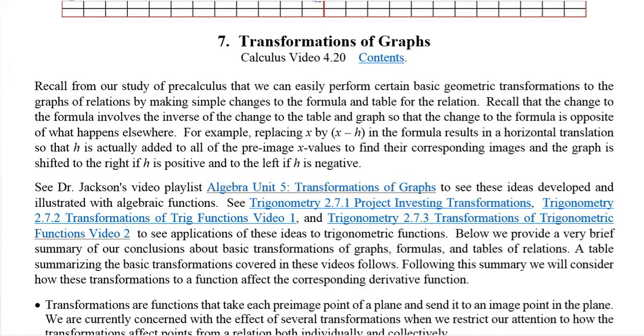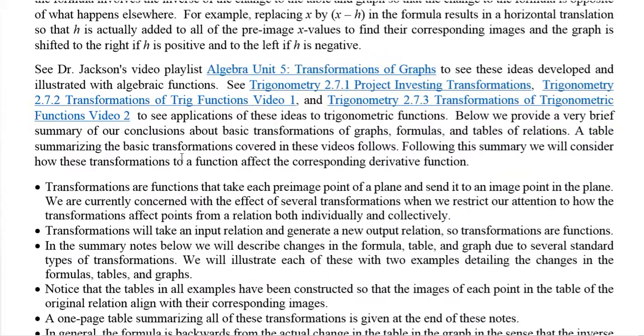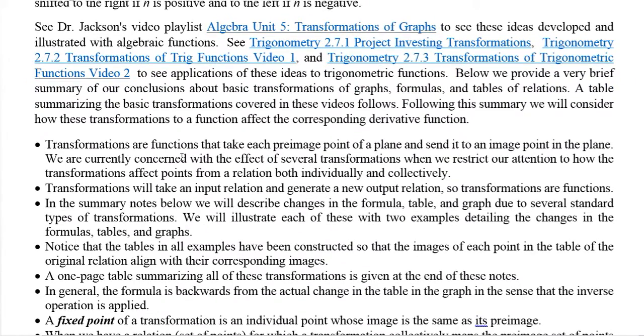Now, in this next series of videos, we are going to go over the basic concepts of each basic type of transformation, and we're going to do it in a very quick way. But I strongly encourage you, if you don't remember all this stuff very well, to go back and see some of my other videos. I have an entire playlist, Algebra Unit 5, Transformations of Graphs, where we develop these ideas very carefully and slowly with algebraic functions, particularly power functions and then other functions, and relations in general.